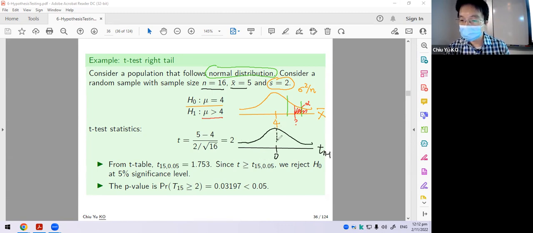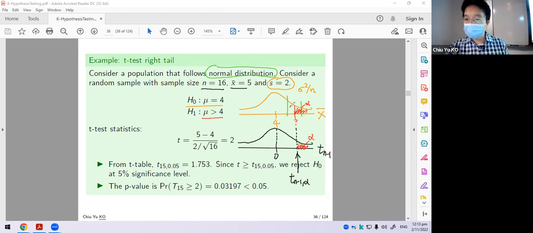This 4 is here, transformed. And what is this? This is the critical value, which is just t with n minus 1 degrees of freedom at alpha, because here is alpha. And then the question is, what is the green thing here?